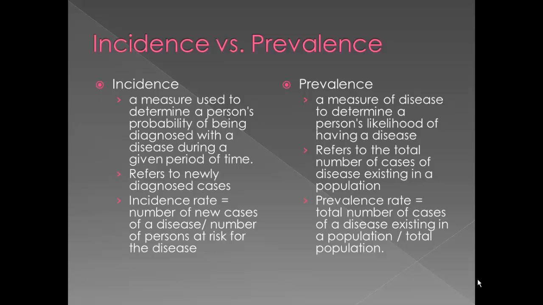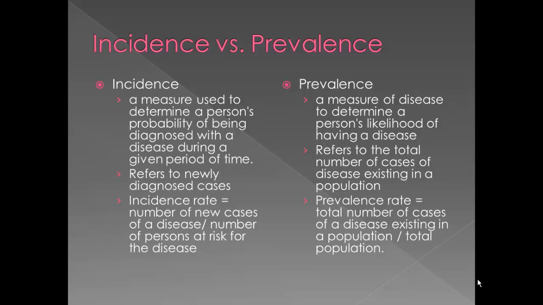All right, we'll get to talk about this more in class if you have questions, but just one more time, the most important thing right now for you to remember is the difference between incidence and prevalence. Incidence is a measure used to determine a person's probability of being diagnosed with a disease during a given period of time.